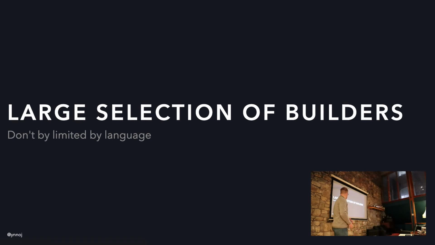As I mentioned before, the serverless API can be language agnostic. It's not tied to a specific language. When they released Now version 2, they came up with what they call builders.